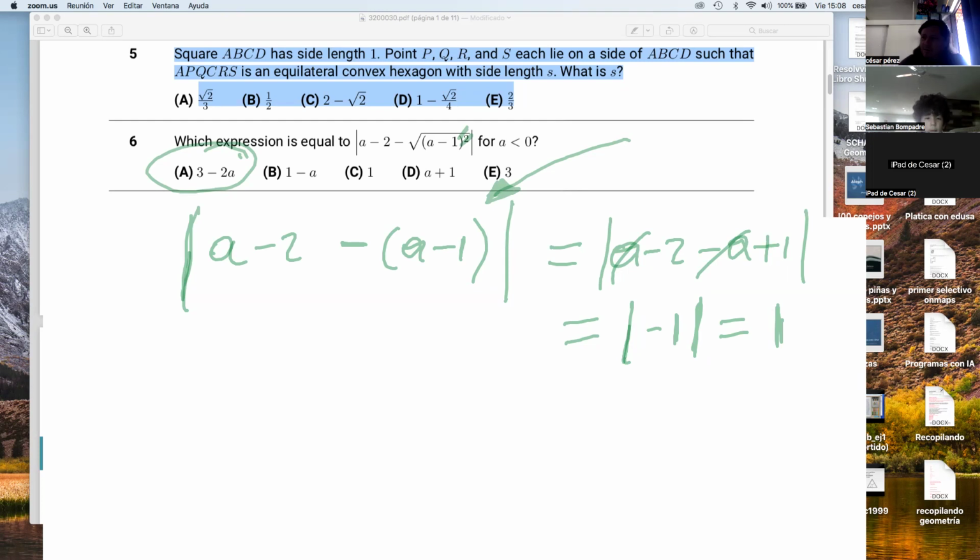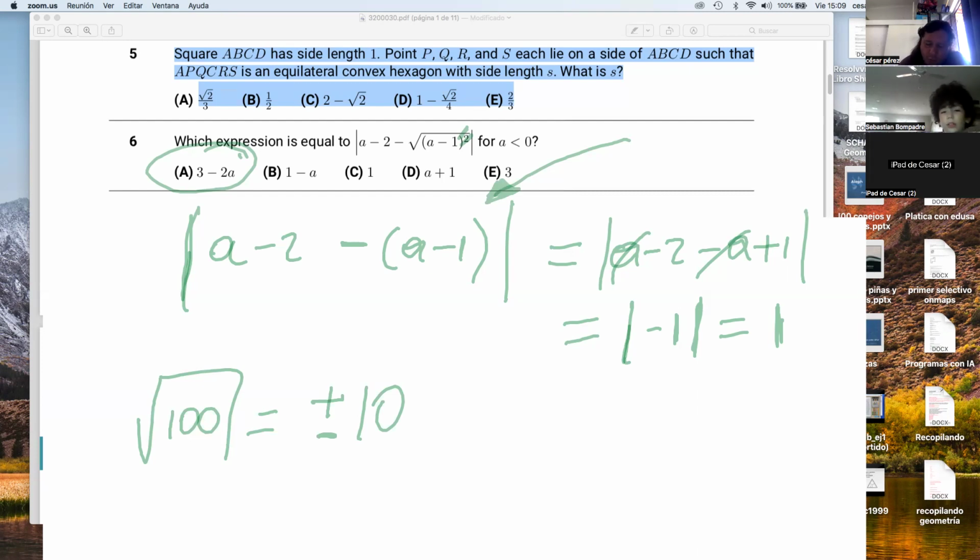Okay. Well, we're going to get minus 2A, 3 minus. When we have square root of 100, we usually use plus 10 and minus 10.